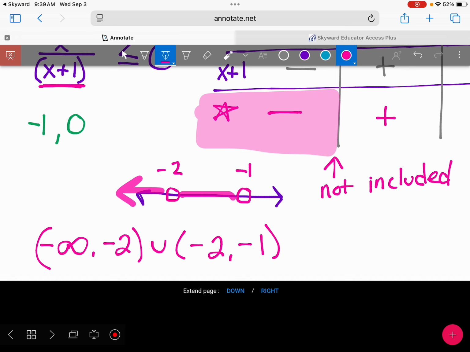So that guy that canceled out gives us an extra jump that we have to do. We have to kick out -2. Because if I go back to my original inequality, if I had x equals -2, I would get something undefined. Okay? So, x squareds, be really careful because we're going to play games with signs.